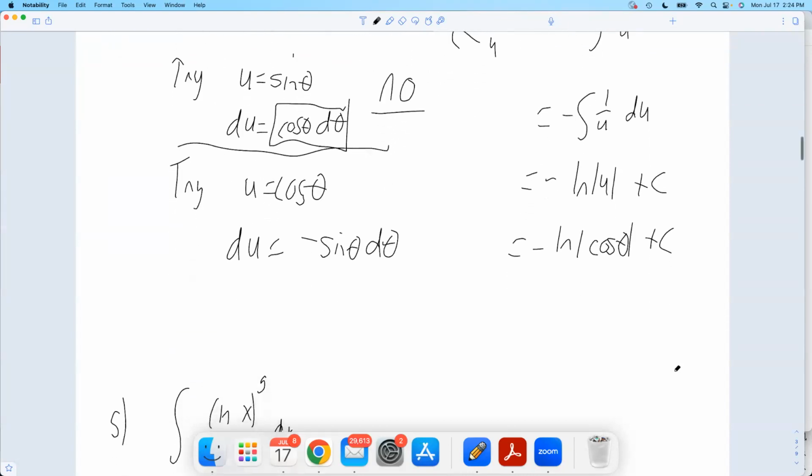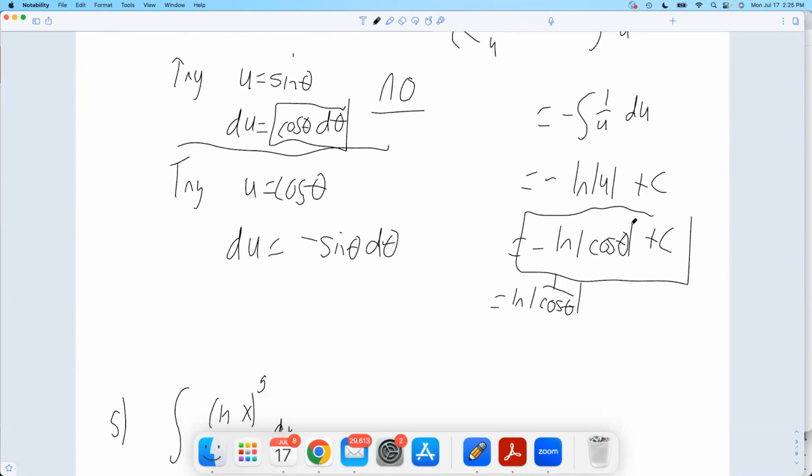And we could stop there. Like, there's our answer. But I'm going to use some rules of logs here. I could write that as the natural log of the absolute value of cosine to the negative 1 power. Well, that would be 1 over cosine, right?